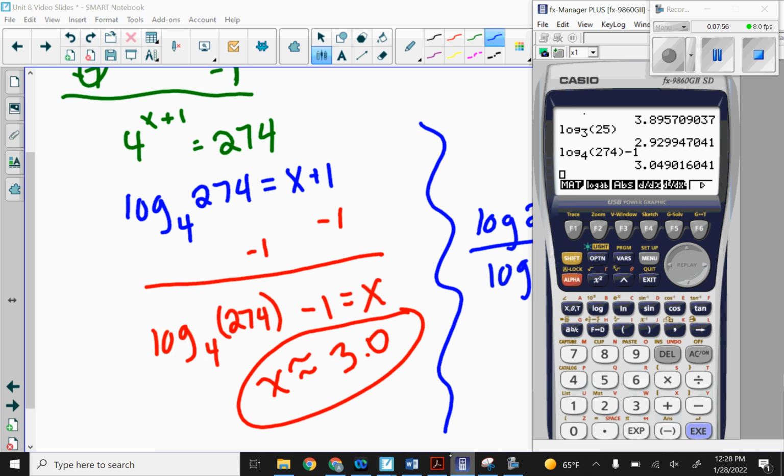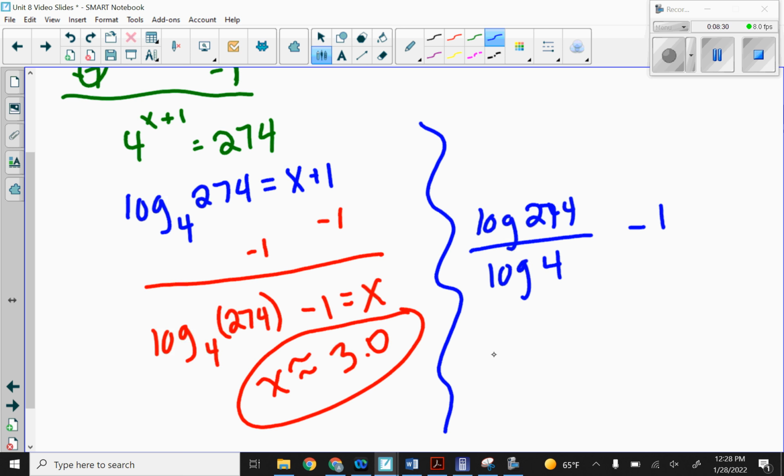So just to show you that we would get the same thing, my fraction log of 274 over log of 4 minus 1, and I still get that 3.0. So that is solving with unlike bases.